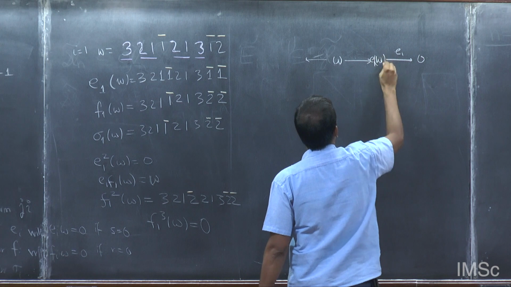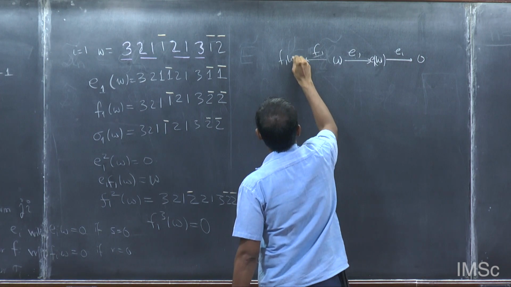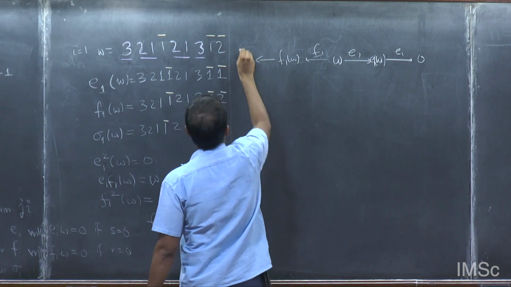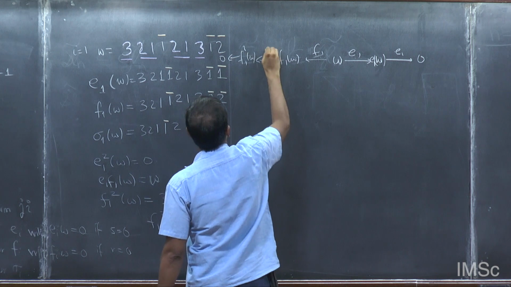E_1 w, F_1 w, F_1 squared w, and then 0.